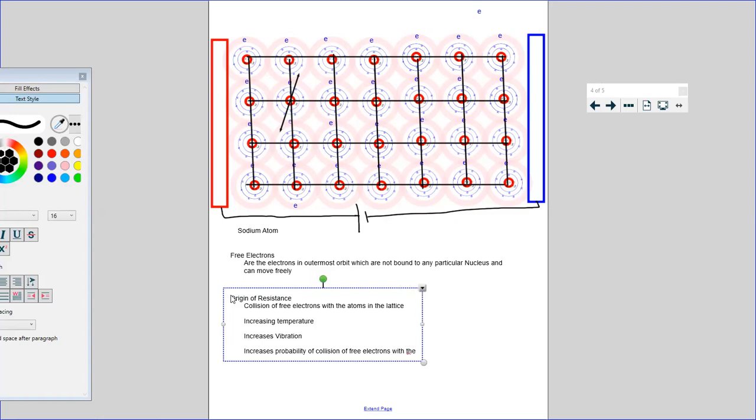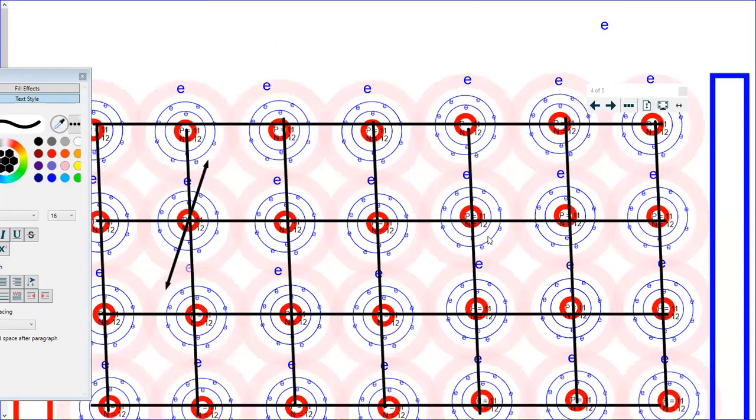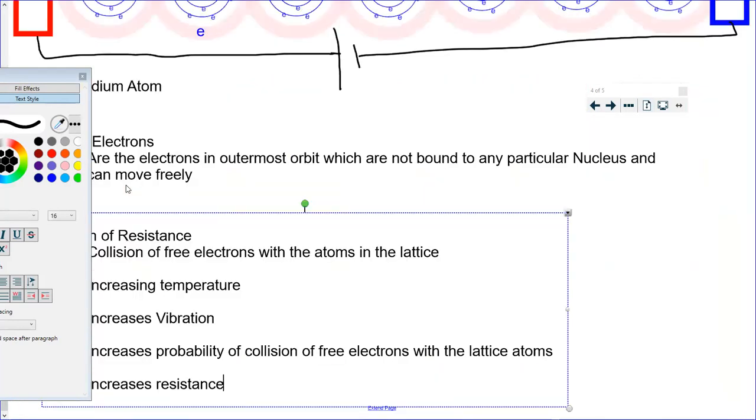with the lattice atoms. So what happens? It increases the resistance. Got it? Is that part clear? So what we have written at the bottom, read these lines.